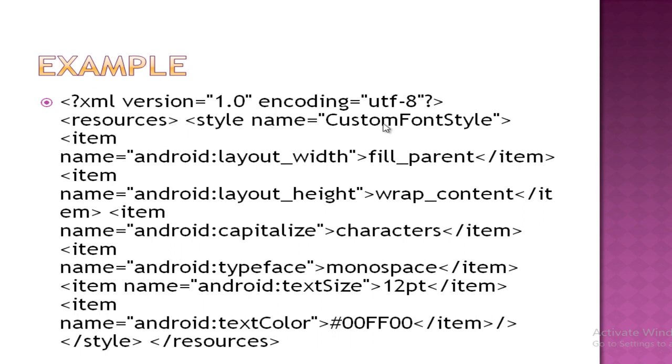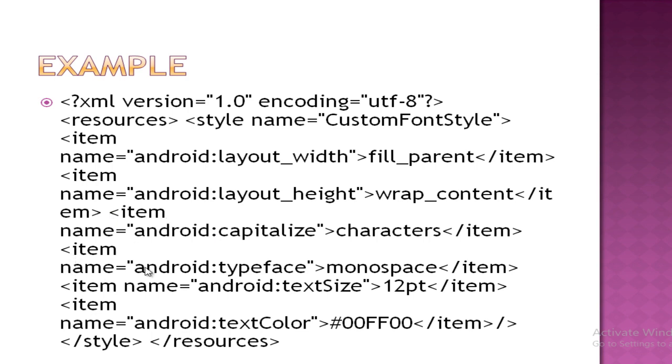The style name is CustomFontStyle. Item name equals android:layout_width, fill_parent, end item. And item name equals android:layout_height, wrap_content, end item. Name equals android:capitalize characters, end item. So these are the items we can add with the item tag.